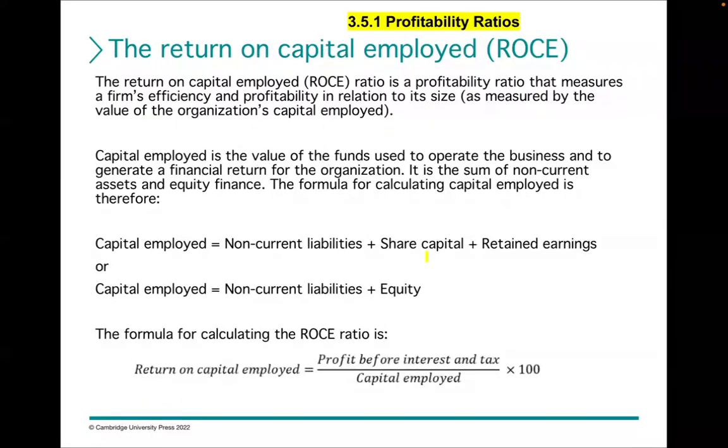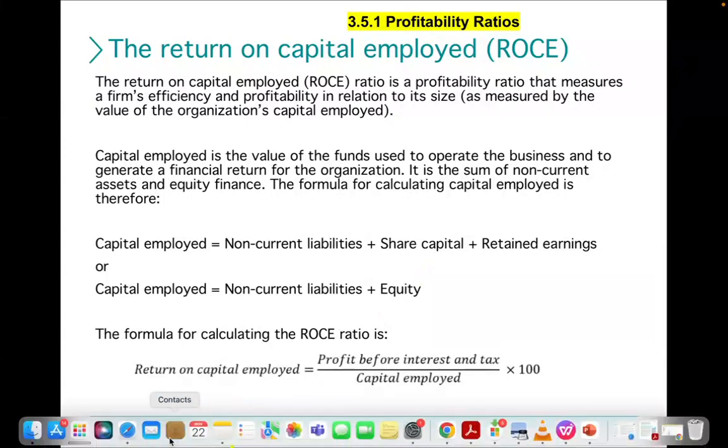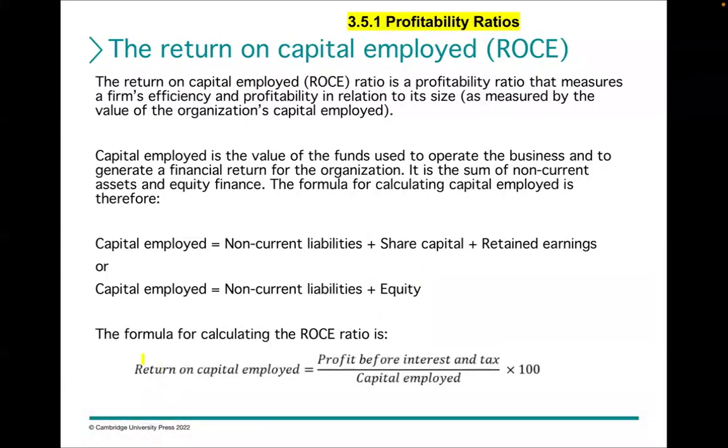And the third profitability ratio covered is return on capital employed. Return on capital employed is a profitability ratio that measures the firm's efficiency and profitability in relation to its size as measured by the value of the organization's capital employed. So don't worry about the new terminology.